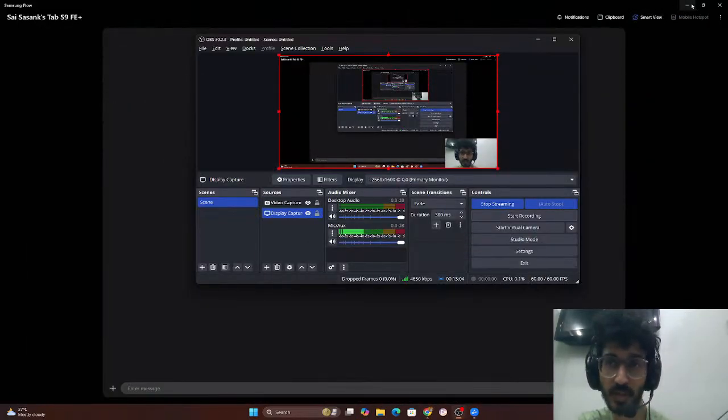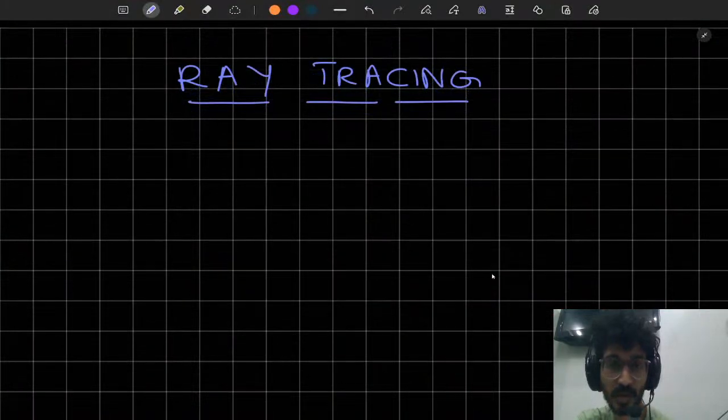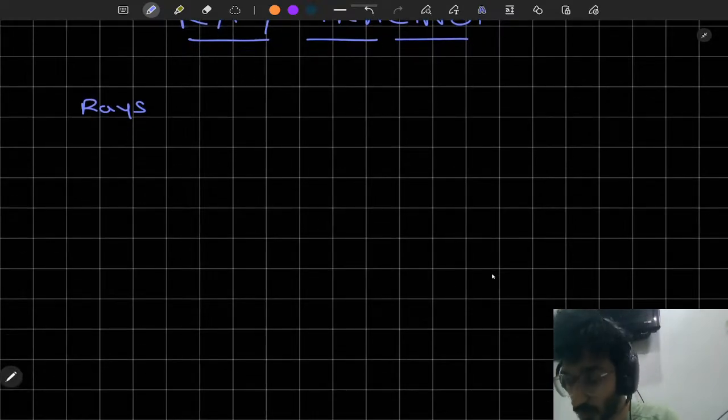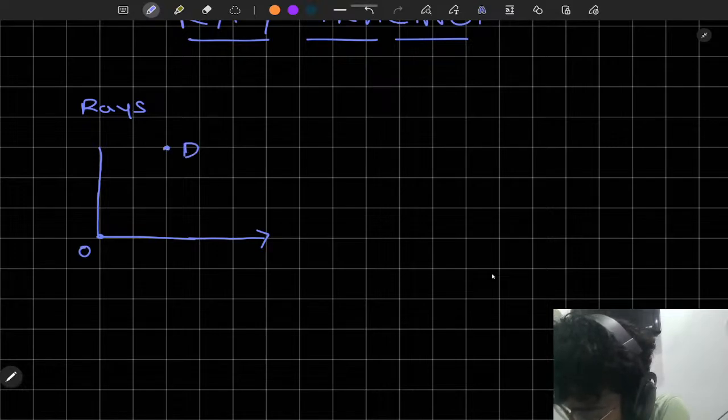I want to make sure we hit this point home. Let me draw it up. So for rays, what we have is an origin, and we have some direction. So this is D, and we need all the points here.